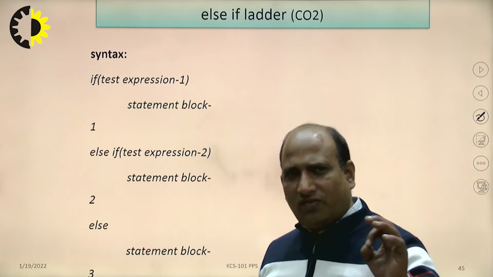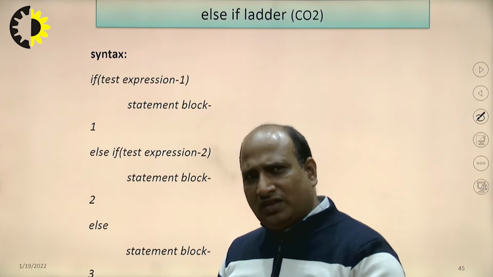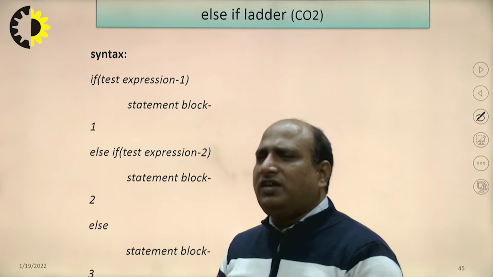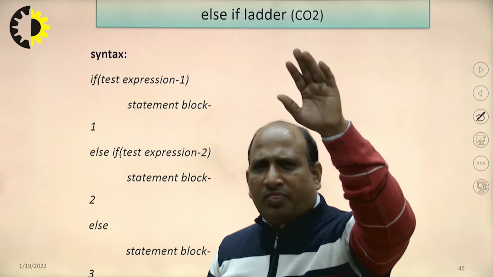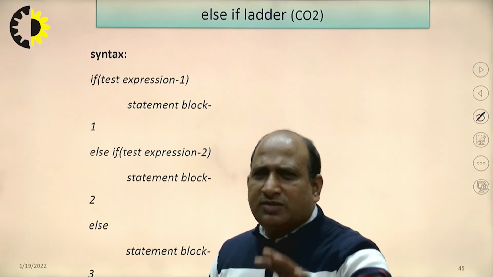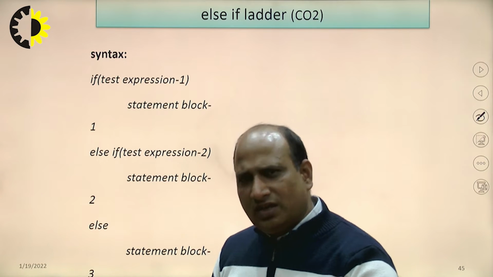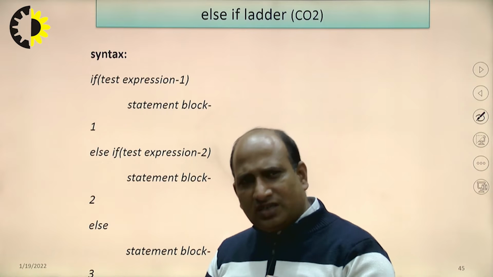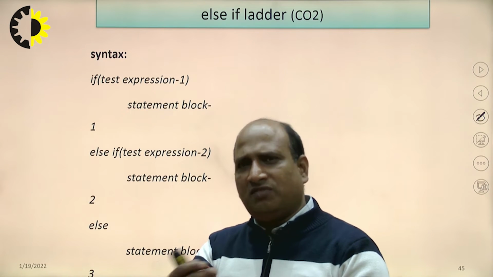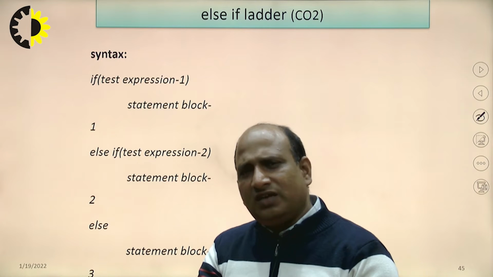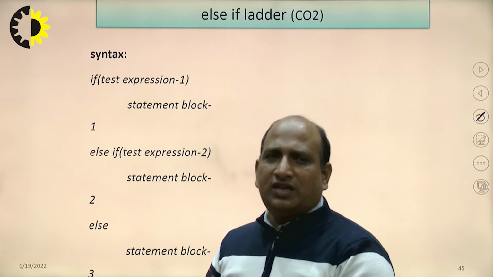Means for this example, in this else if ladder, we come from top to down, we keep on testing expressions, and if a test expression results true, the statement associated with that test expression will execute. Otherwise, we move ahead and test another condition.